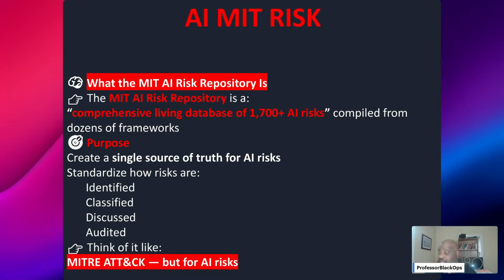Think of it like this. This is what kind of moved me to it. It's supposed to be the MITRE ATT&CK for AI risk. That's a big statement there. I got much respect for MITRE, so I thought that was interesting.